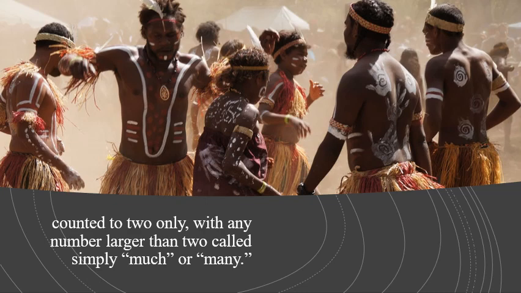So historians and anthropologists were able to study a lot of their culture, and they found out that the Aborigines were only able to count to two, with any number more than two being called simply as much or many.